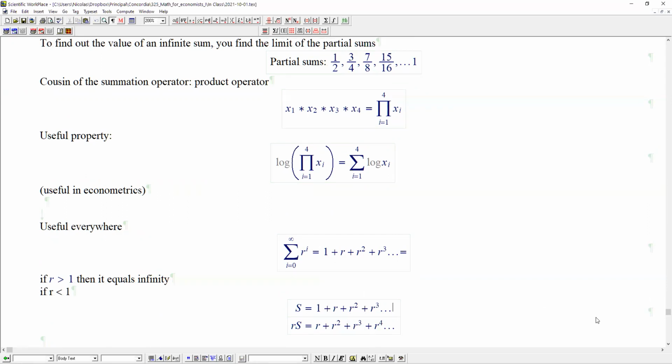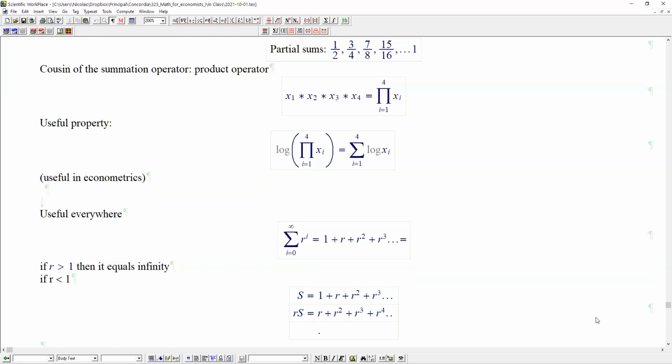So then what can I do? I can do S minus RS equals 1. See, S is 1 plus R and so on, and RS is almost the same, but without the 1 there.